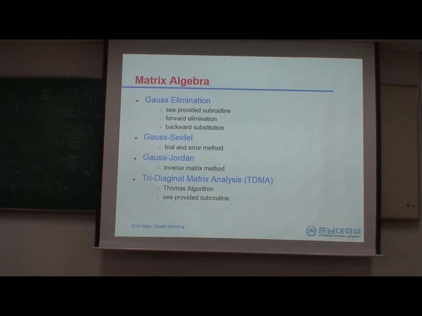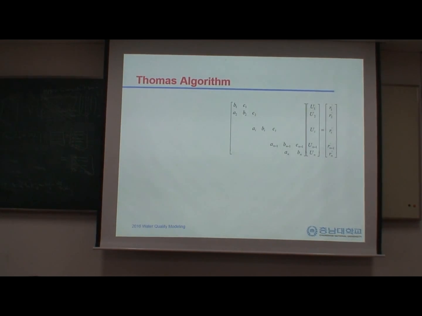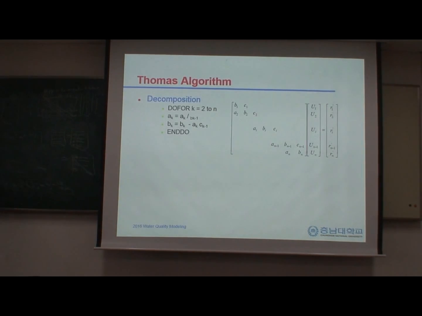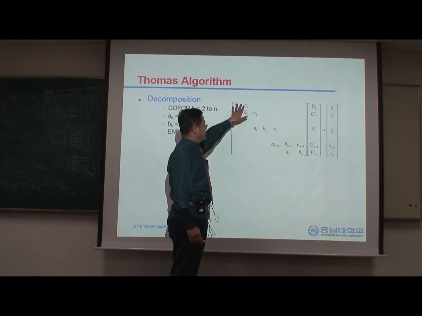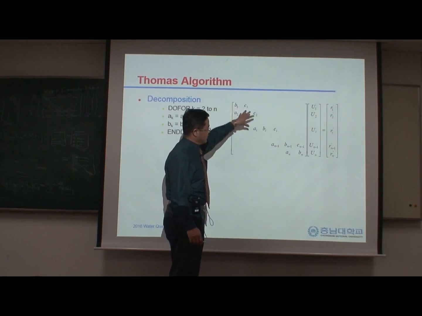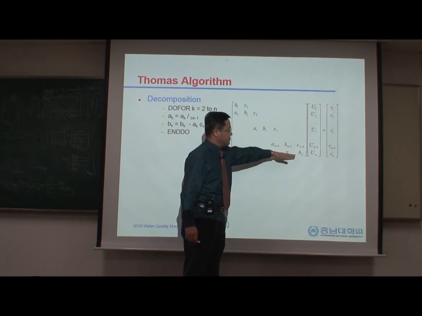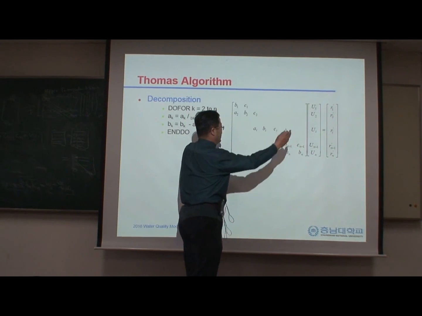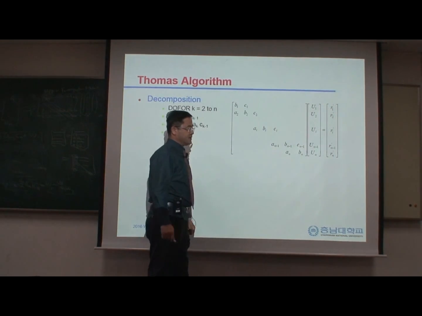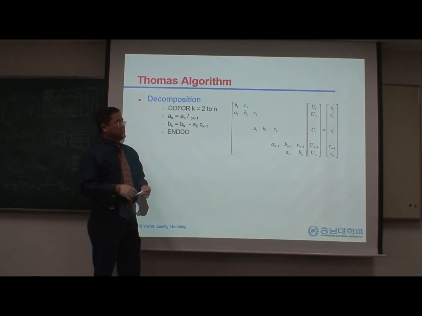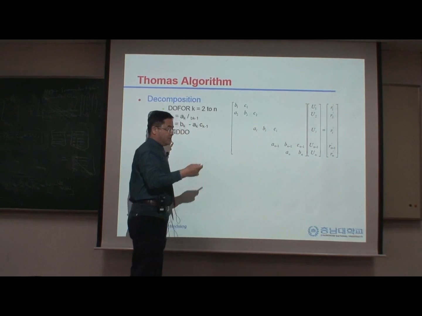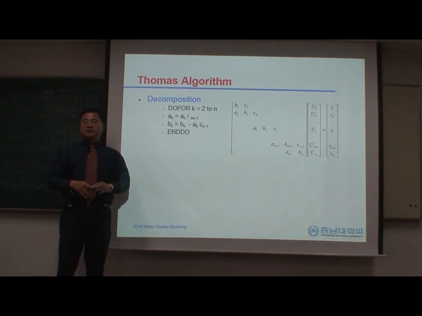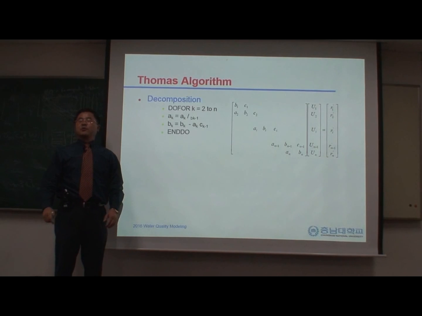TDMA, I talked about it. TDMA then was, I said we had 2 unknowns for the first row, 3 unknowns for all the rest of the rows, and 2 unknowns for the last row, and then we can have things like this. But in the computer world, these are already zeros. And if you have so many zeros, if you have to enter zero in all the places, it's a waste of space and a waste of time.